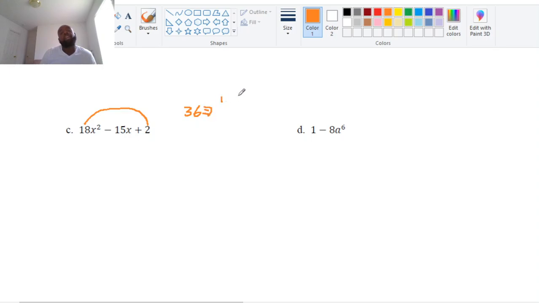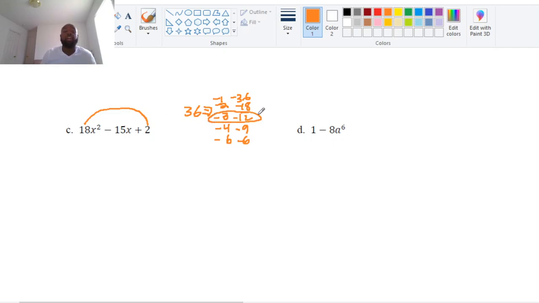Some numbers like 1 and 36, 2 and 18, 3 and 12, 4 and 9, 6 and 6, right? Now they have to add up to a negative, so both of them are going to be negative, right? So I'm going to put negative signs here. And basically, I want to pick the pair that add up to negative 15. Well, if you look, negative 3 and negative 12 add up to negative 15.